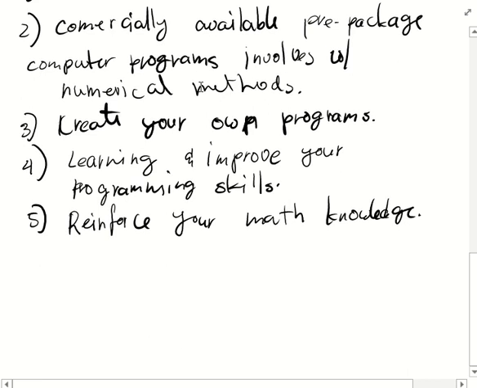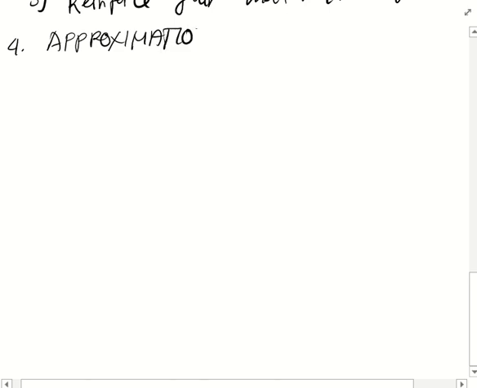Then the last part of chapter 1, the main part, number 4, approximations and sources of errors. Numerical methods give a non-exact solution.